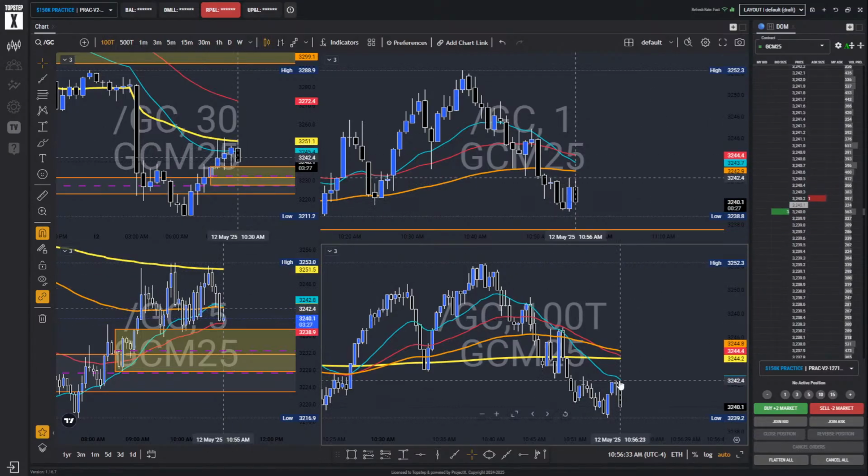Nice little pullback to continue the move here on gold. Pulling back about 4 points. Continuing its way down now.